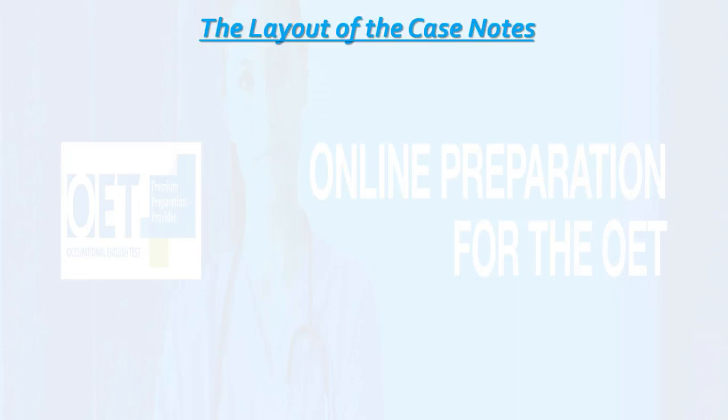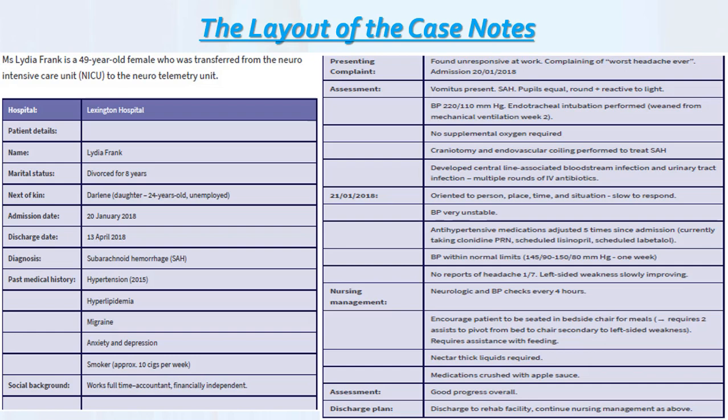Concerning the layout of the case notes, you will find it's like a table with some notes about a specific case. You can find different information about maybe the marital status, the social background, if there is any kind of disease or any family member who had a disease before, and if this person is still under treatment or everything is okay.